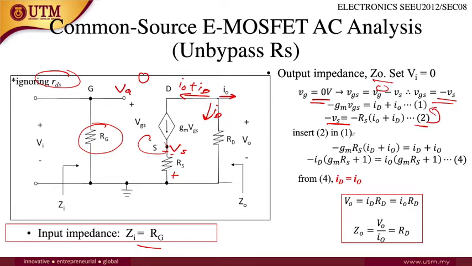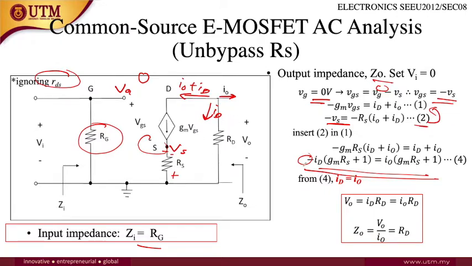If you rearrange this equation, you will find that one of the currents is minus. What does that minus mean? It means that the polarity is different from this polarity.